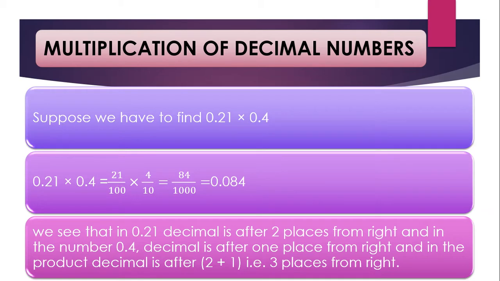In 0.21 there are 2 digits after the decimal, and in 0.4 there is 1 digit after the decimal. So we count all the digits after the decimal, that is 2 plus 1, which equals 3. Now we count 3 places in the answer 84, put the decimal value, and we get the answer 0.084.